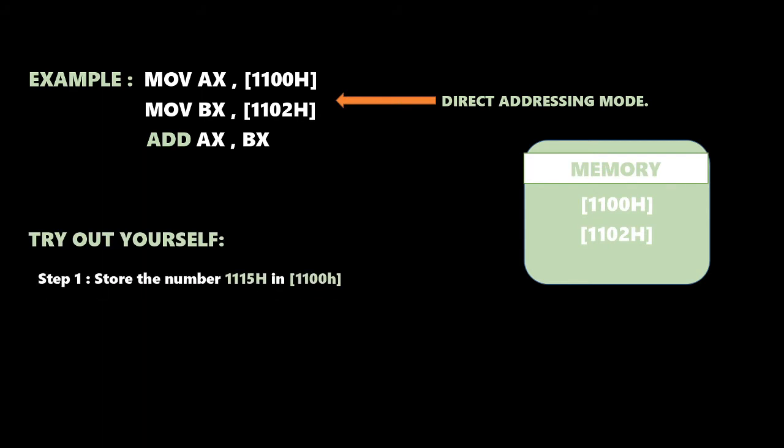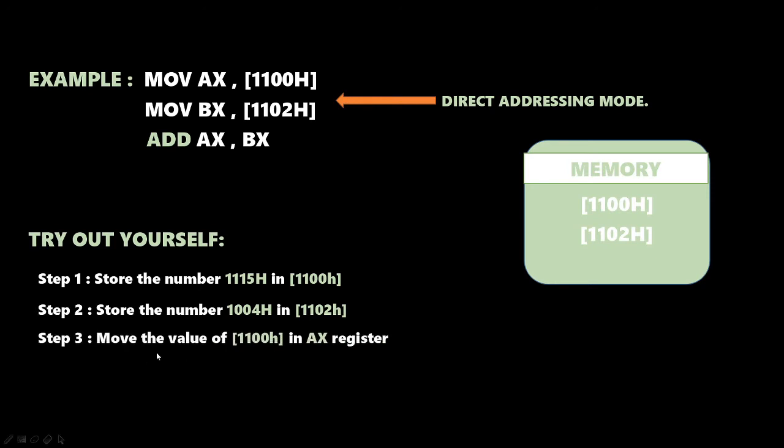In the first step, store the number 1115H in the location 1100H. Second step, store the number 1004H in the location 1102H. In the third step, move the value that was stored in 1100H, that is this value, in AX register.